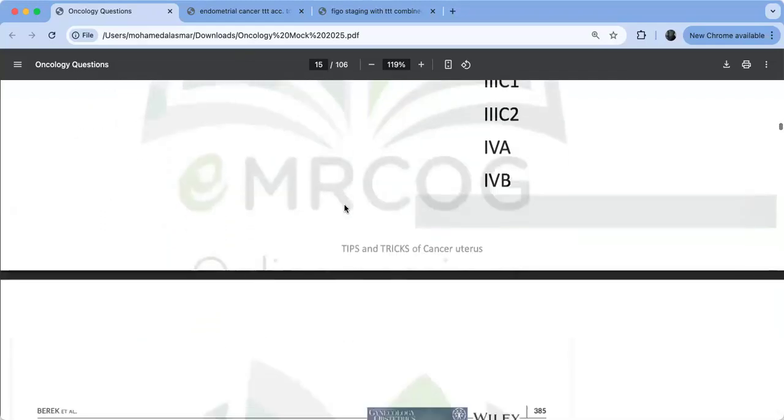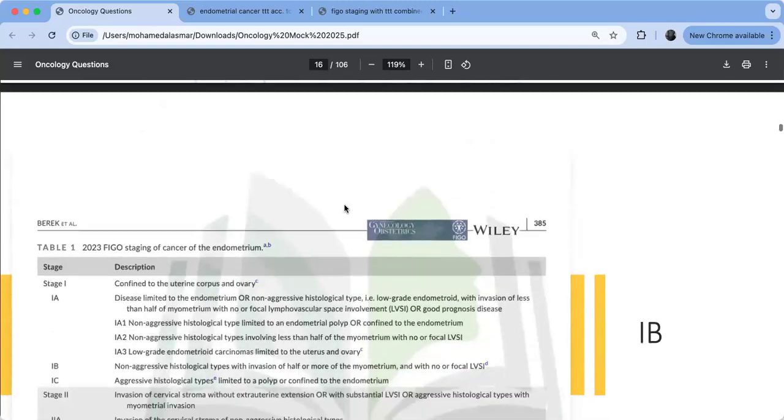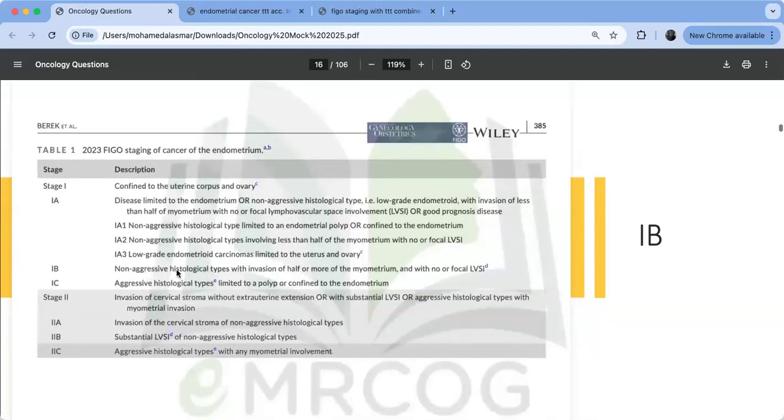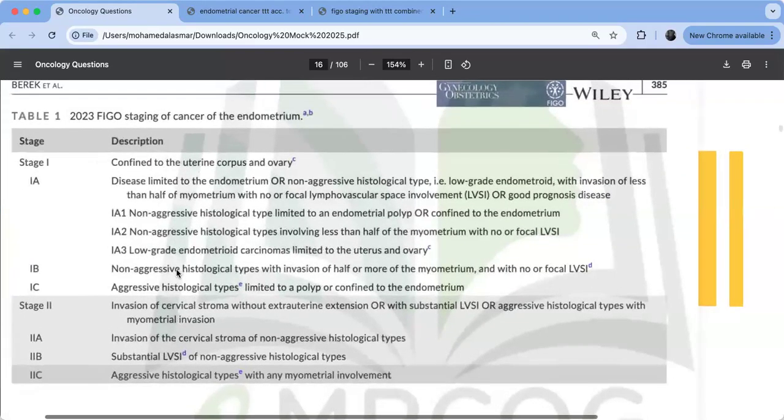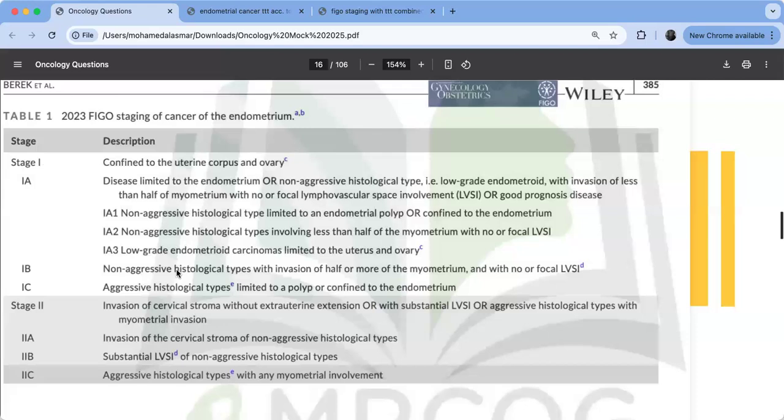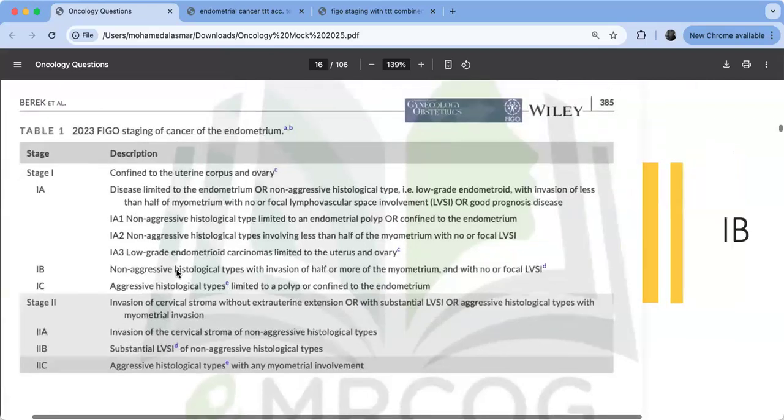Yes, of course. This is the 1B stage. Yes, it's non-aggressive and it's 50% of myometria or more. Remember, no or only focal lymphovascular invasion.